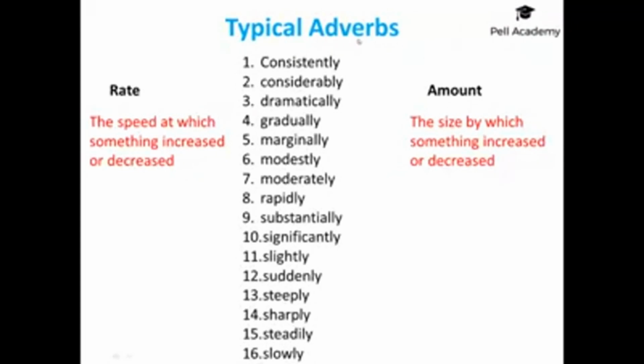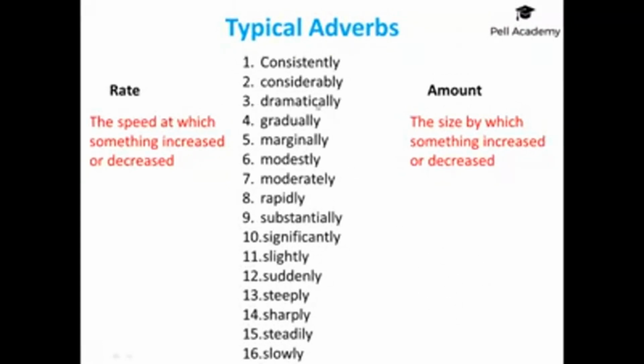So I want you to do two things for me. First, divide these 16 adverbs into whether they are referring to rate or amount, but also order them with regard to, if it's rate, how fast to how slow, or if the adverb refers to the amount, order them from big to small.